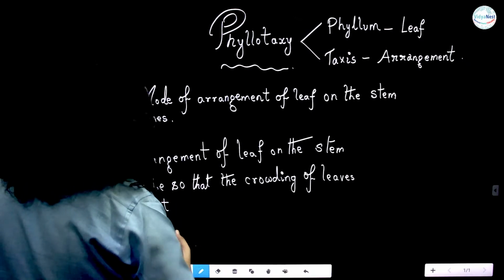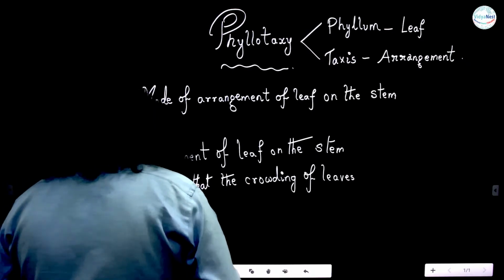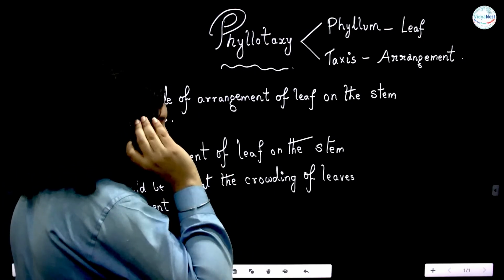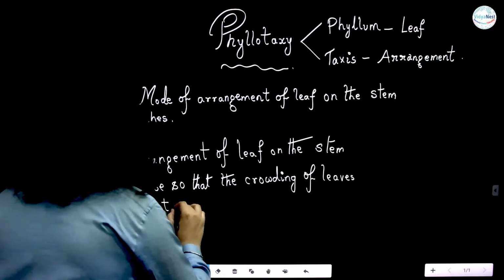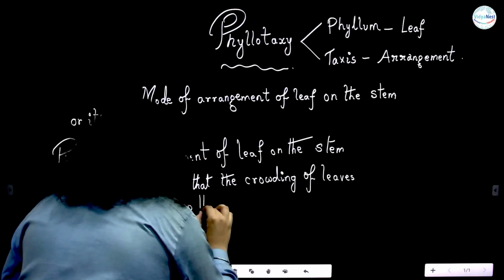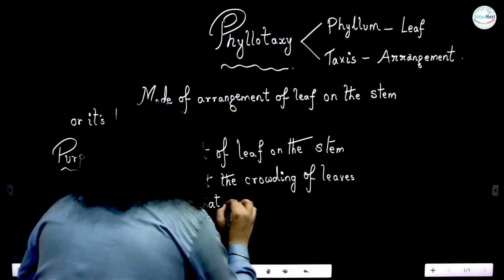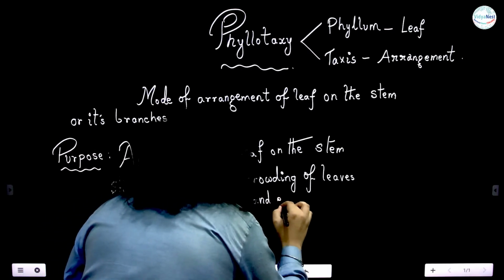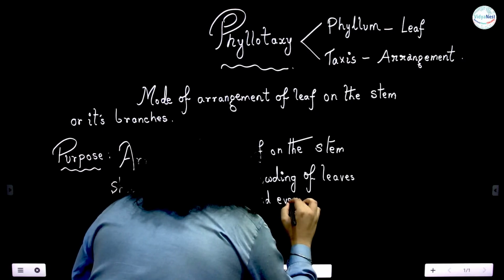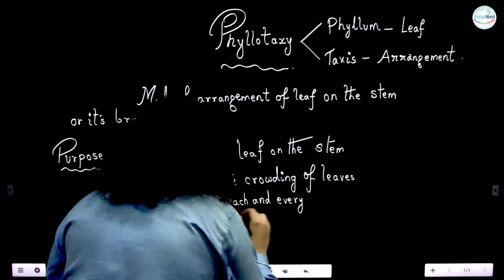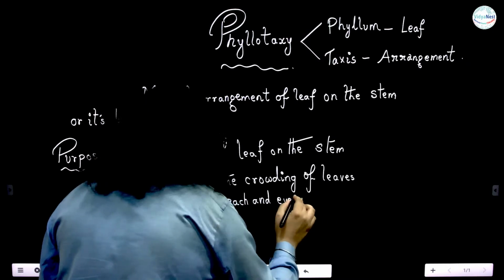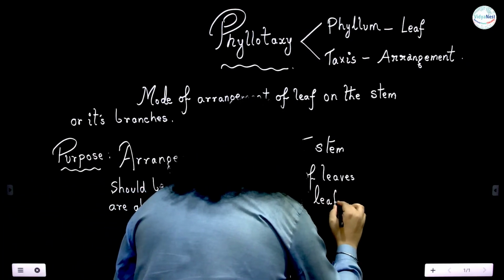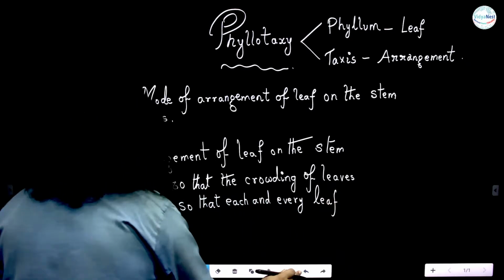So what is the use of getting such an arrangement? So that each and every leaf should get adequate amount of sunlight.